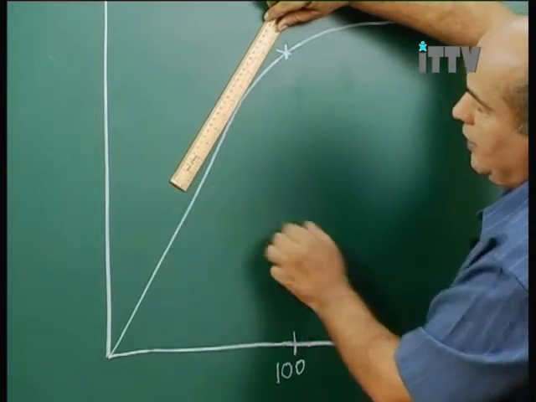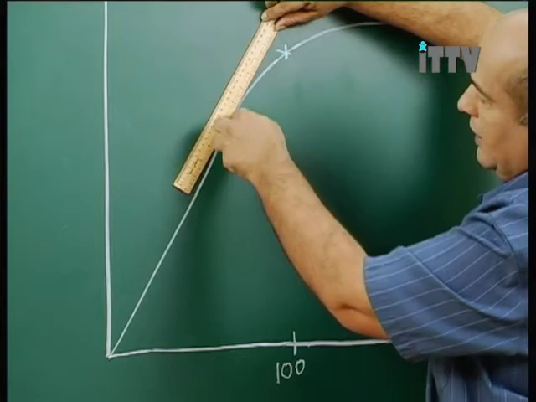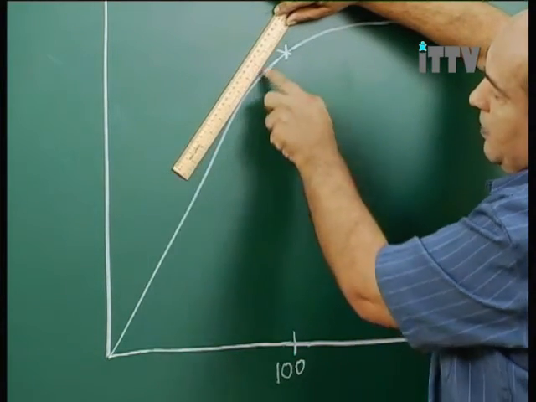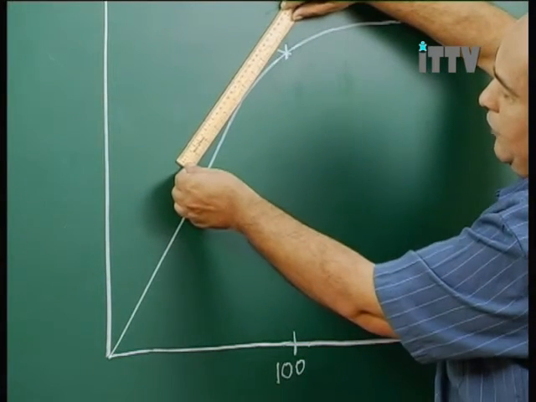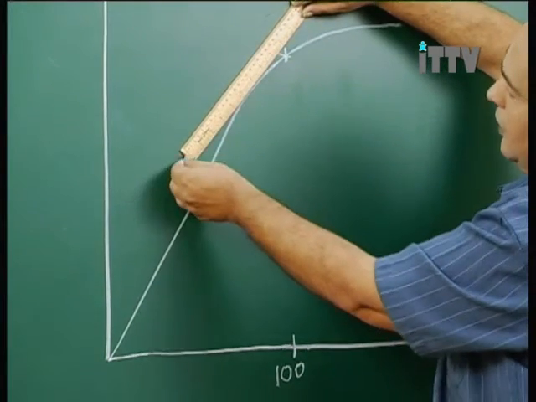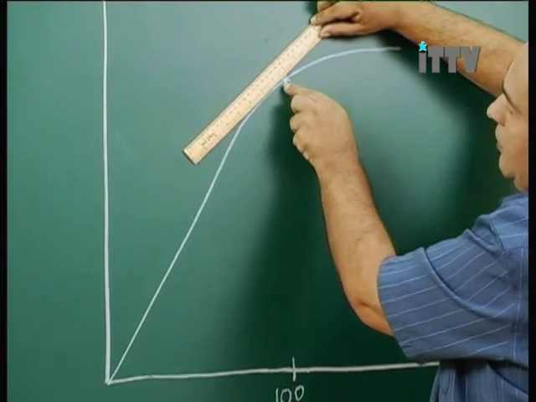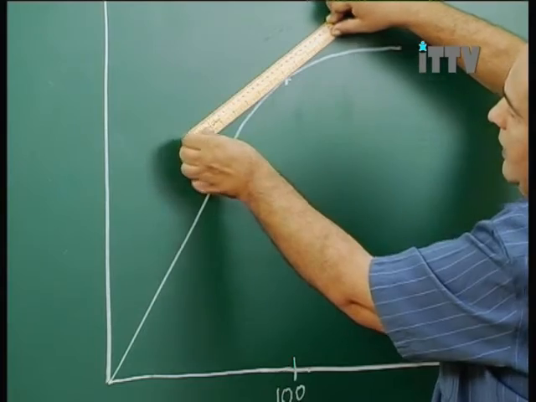So when you reach here, your ruler should be like this, showing that this line here is going straight. As you come further around, it bends a bit more, so your line should be going something like this. As you reach here, you should be going something like this. So you keep bending your ruler around. Imagine that this area here, the straight line should look something like this.